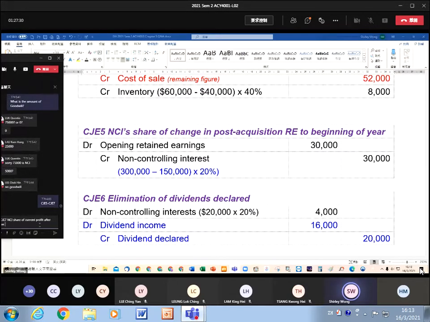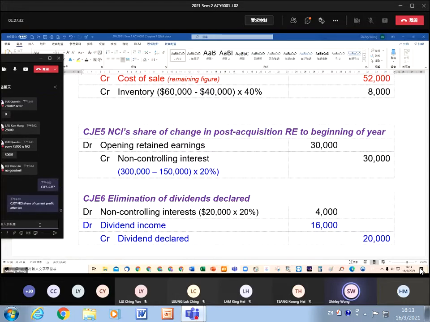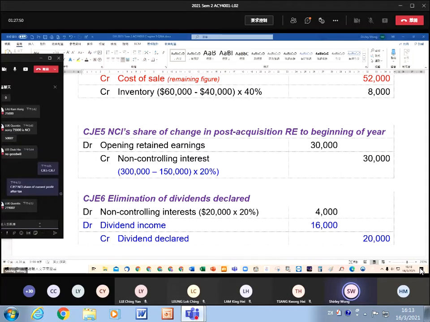Okay, and then I would like you to tell me your figures. For CJE number 7, we need to calculate the share of current year profit after tax. What is the amount you calculated for the amount shared to NCI? Can you let me have your figures? 21,900 is too much.